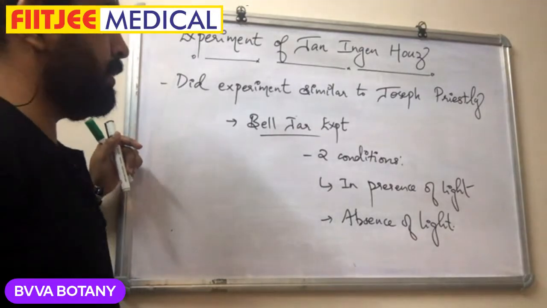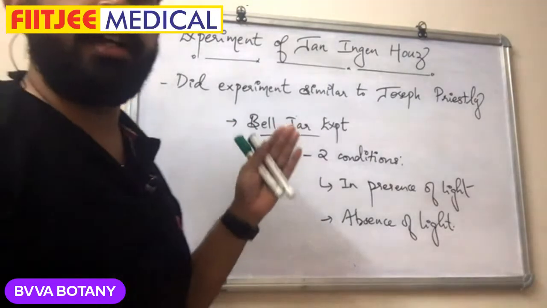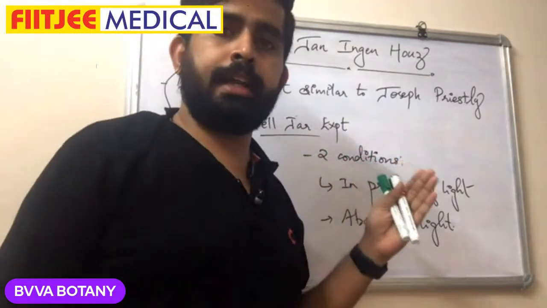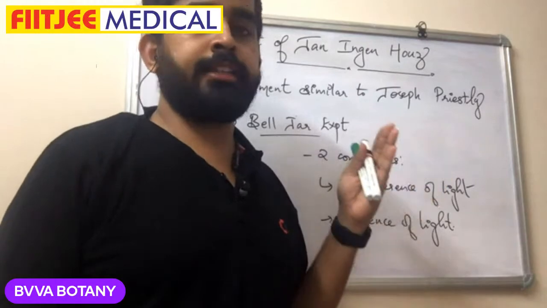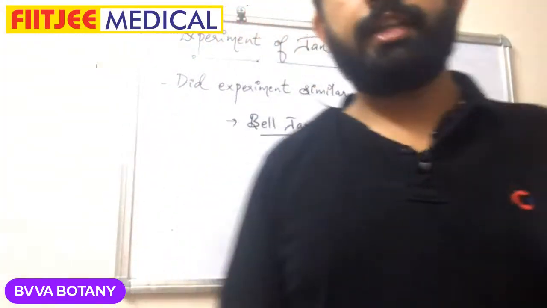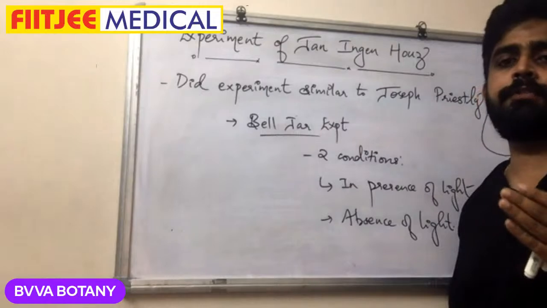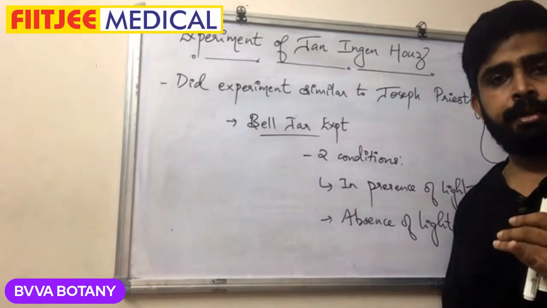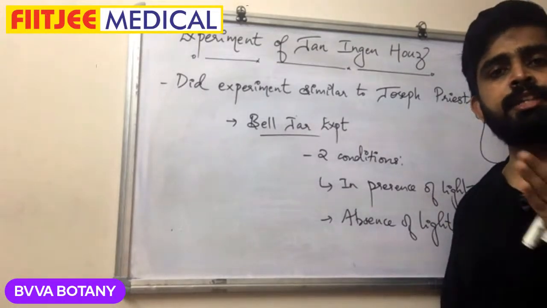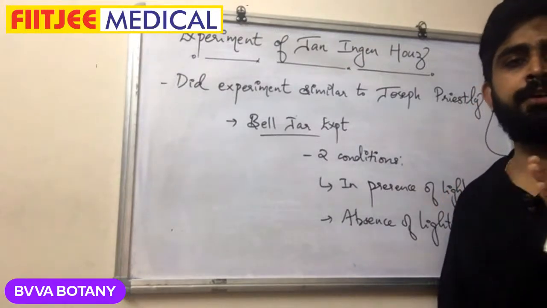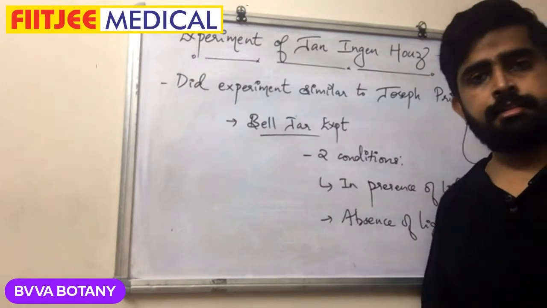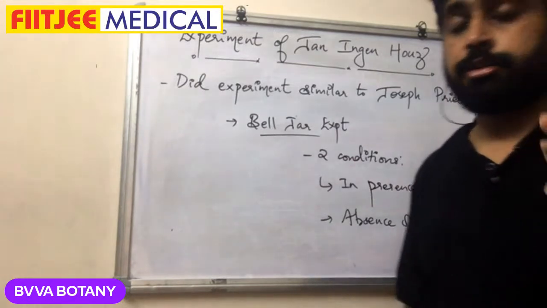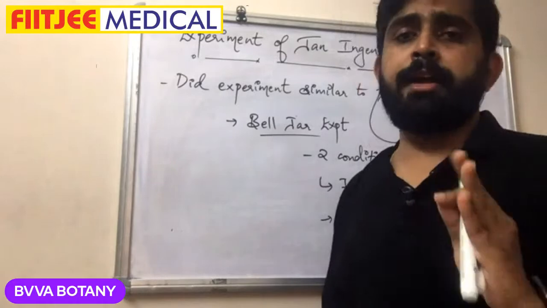So in Joseph Priestley's experiment, he took a bell jar. In the bell jar, he took a burning candle, and after some time it was extinguished. Later on, he took a rat or a mouse, and after some time he observed that the mouse was dead. Later, he took a mouse and introduced a plant into it, and he found that the candle was burning, not at all extinguished, and the mouse was alive, and the plant was also there.